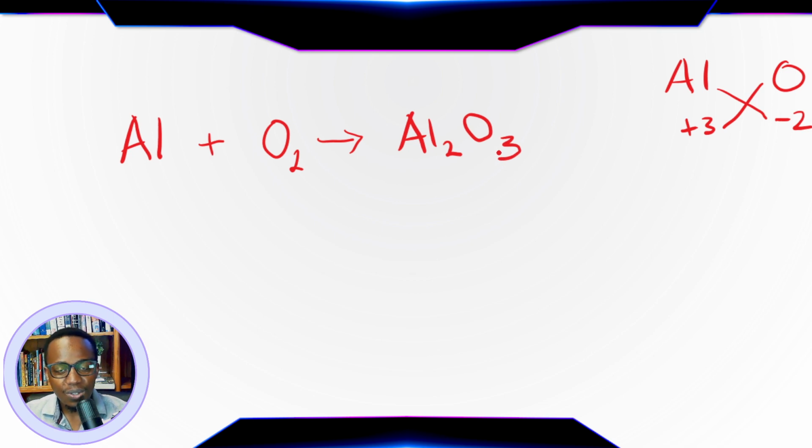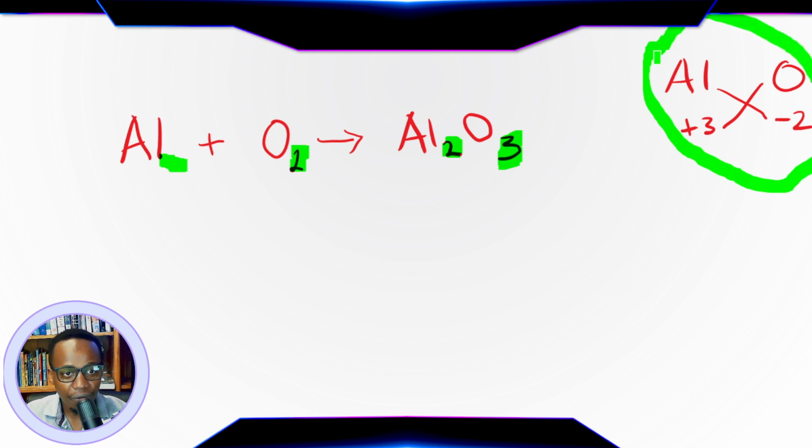Right? So the numbers you have here for your reactants have nothing to do with the numbers you have here for your products, right? You still have to do the cross rule to find the formula.